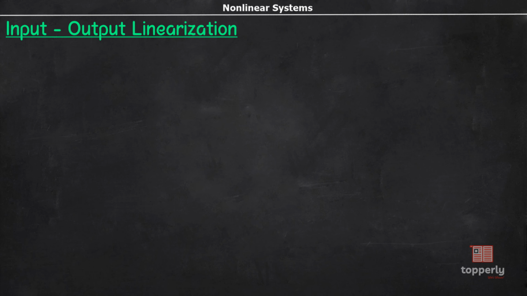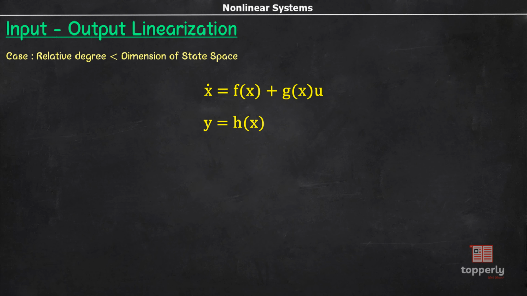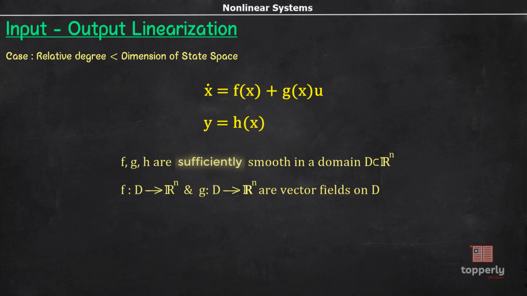In this video, we are going to see the case where relative degree of output is less than the dimension of state space. Here also, we assume that we have a single input, single output system of the form x dot equal to f of x plus g of x into u and y equal to h of x, where f, g and h are sufficiently smooth in the domain D subset of Rn and f and g are mappings from D to Rn.